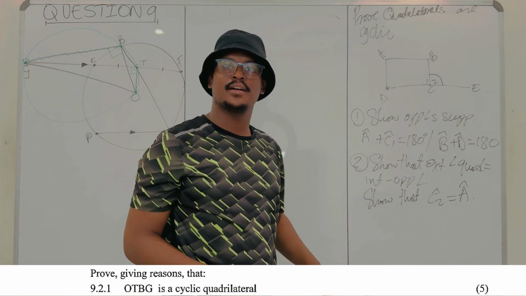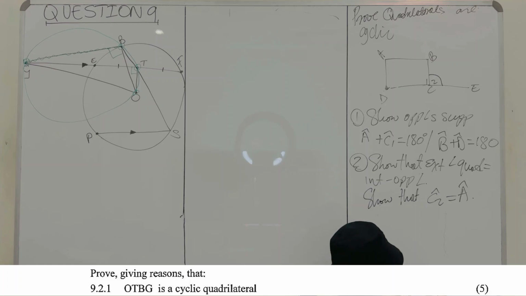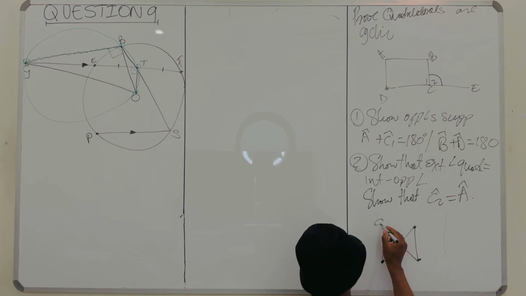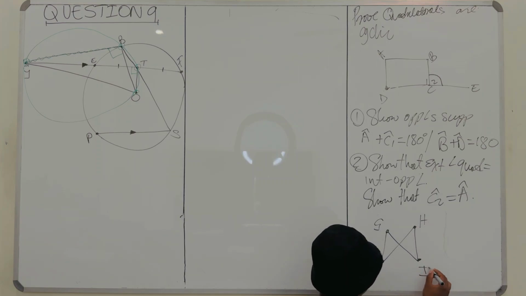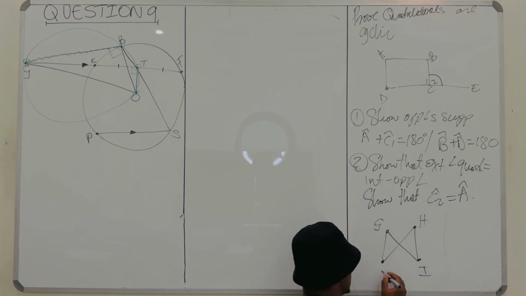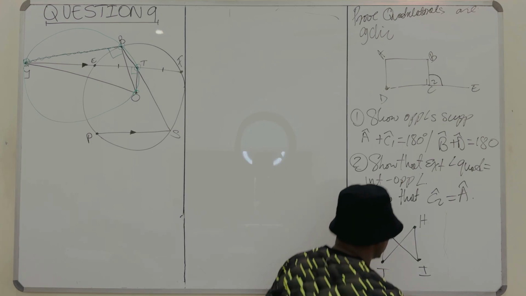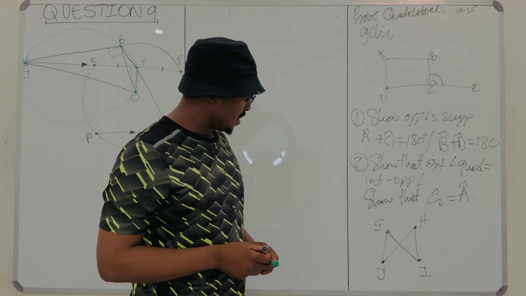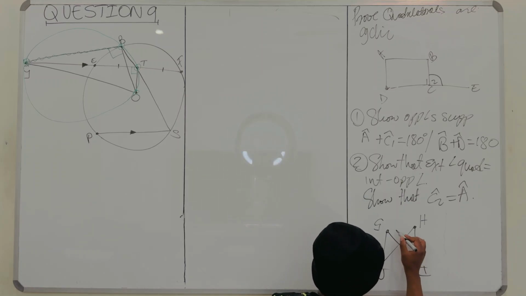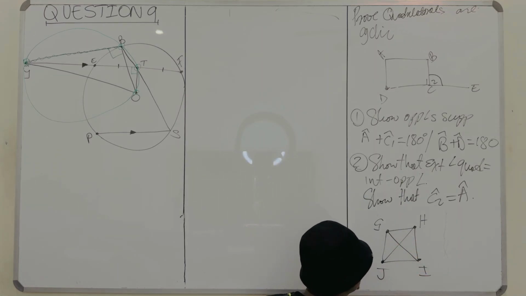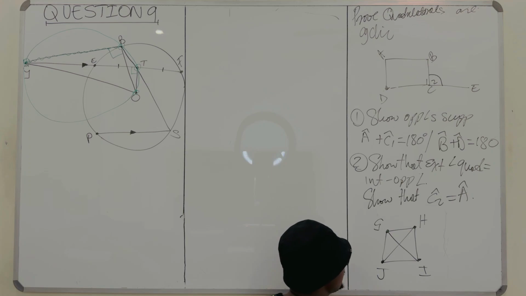requires a slightly different drawing. So let's say you have something like this: G, H, I. Let's say you have a quadrilateral like this.